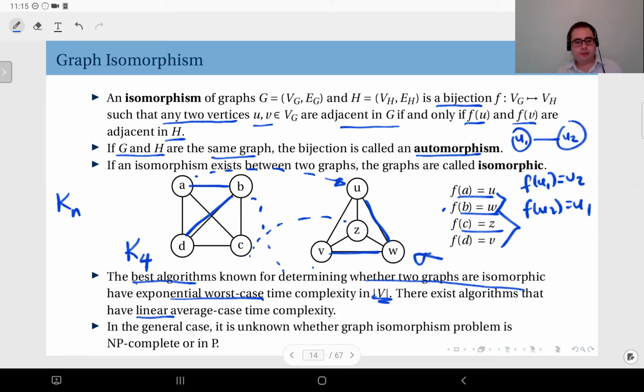In the general case, for general types of graphs, the graph isomorphism problem is significant in that we do not really know whether this problem is NP complete or a polynomial time problem. So it's unknown in which class it falls.